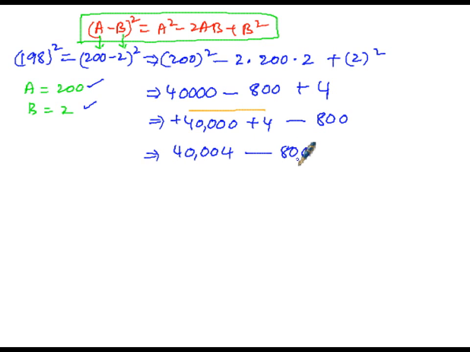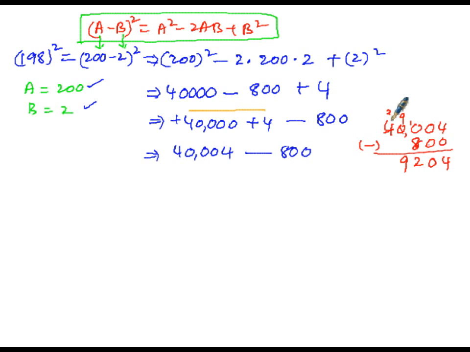In the simplification, from 40,004 we are subtracting 800. The fundamental operation is minus: 4 minus 0 is 4. 0 minus 0 is 0. Borrowing 1, it becomes 10, minus 8 is 2, and the next 9 remains 9.